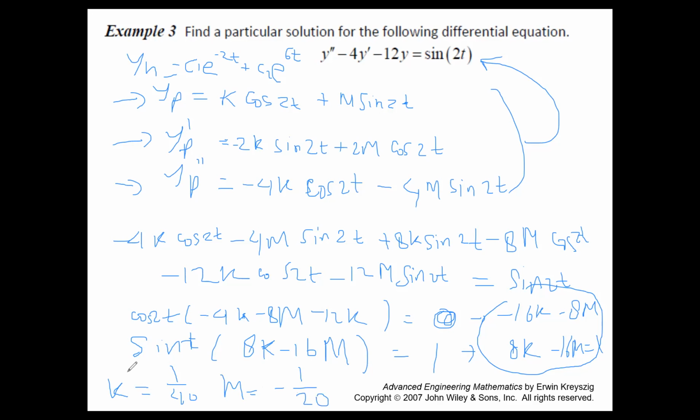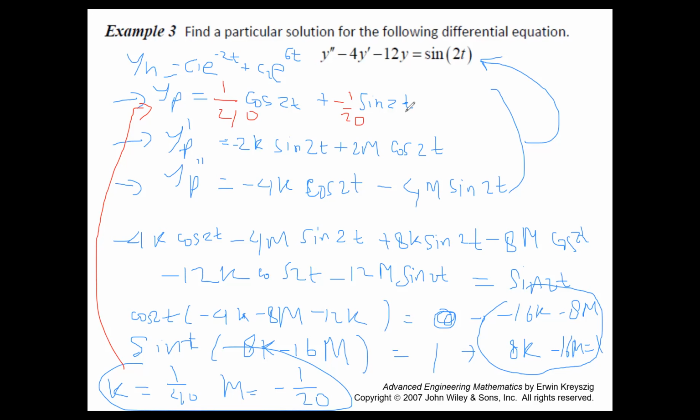Then you can substitute this value back into your solutions, which is this. So I will delete this one. So this becomes 1 over 40 plus or negative 1 over 20.